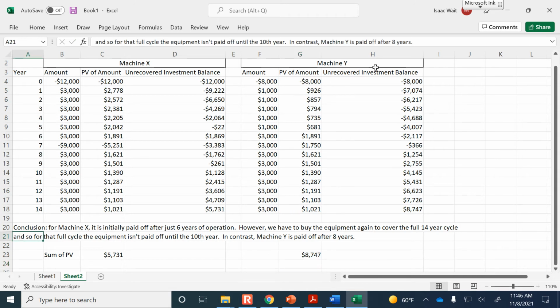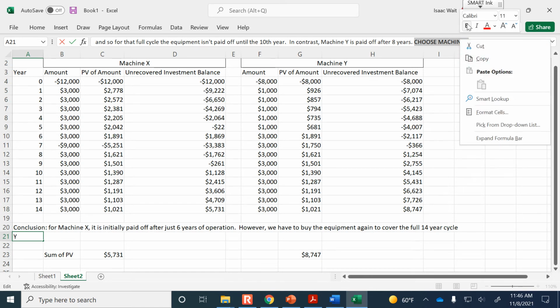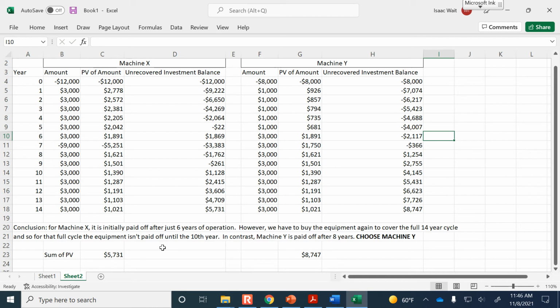So I guess up here I never said, conclusion is choose machine Y. That was the result of our analysis here, is that Y is more profitable. And this also confirms that.